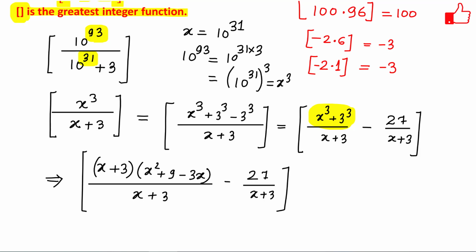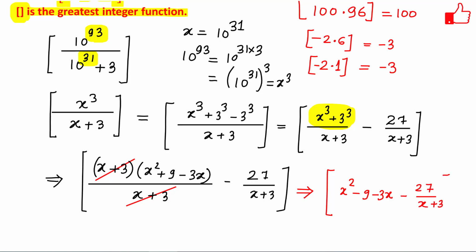Now see here, this term and this term cancel out. So what is left? We have been left with x squared minus 3x plus 9 minus 27 divided by x plus 3.